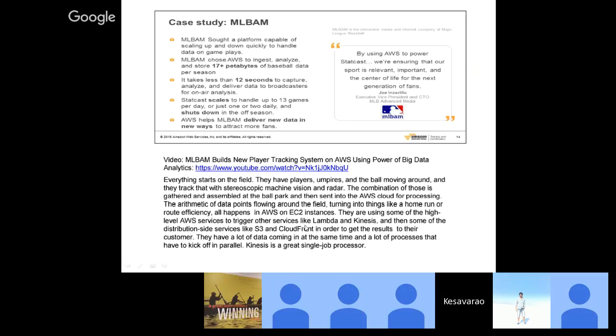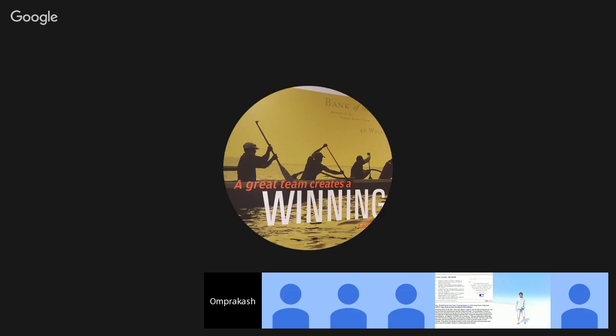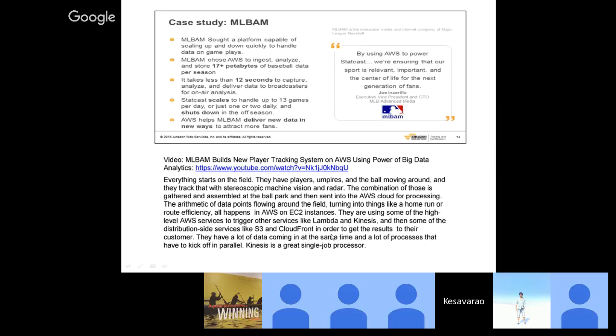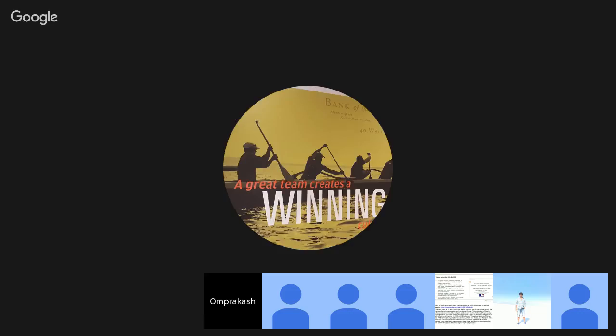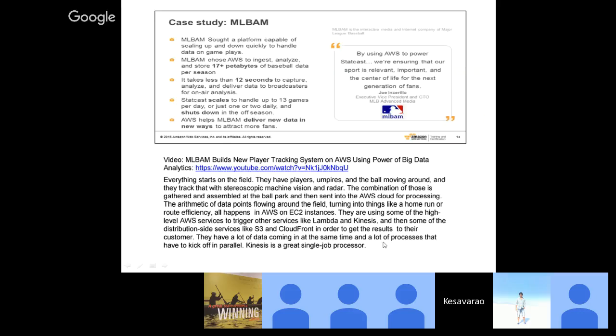To give you a glimpse of what it is really doing, they're heavily using high-level services like Lambda and Kinesis in a more real-time model, and they're also using S3 and CloudFront. A lot of data is coming at the same time, and a lot of processes kick off in parallel. Kinesis is a great single job process. So basically it's streaming data, you can call it. That's the reason why they went for this.